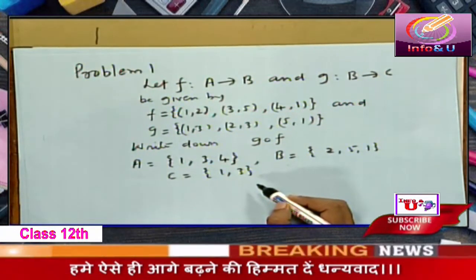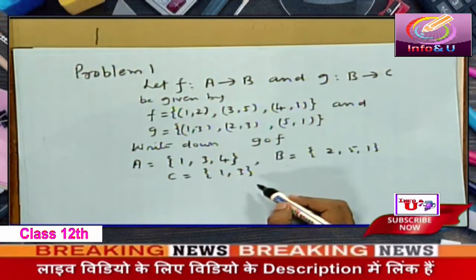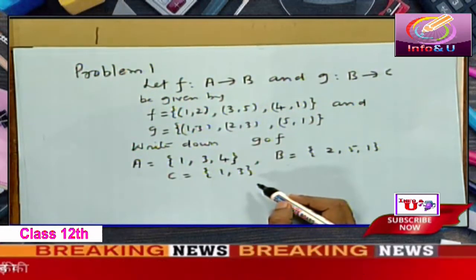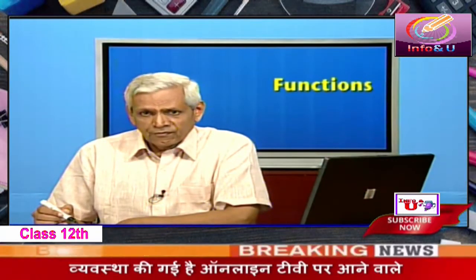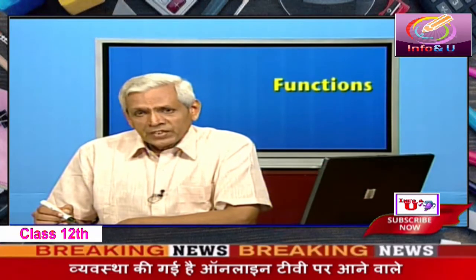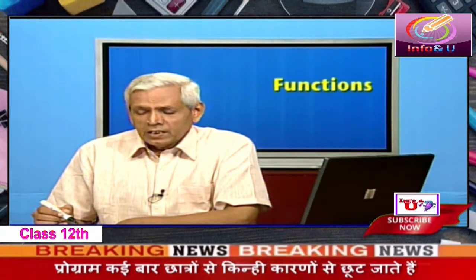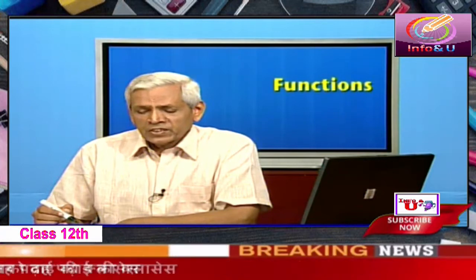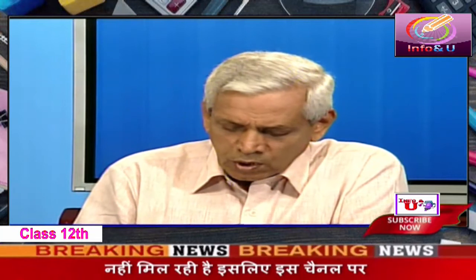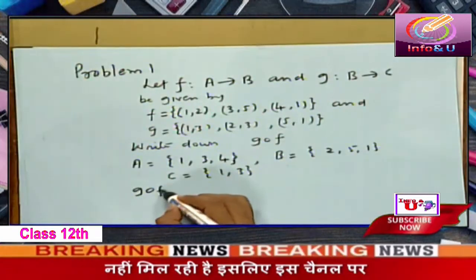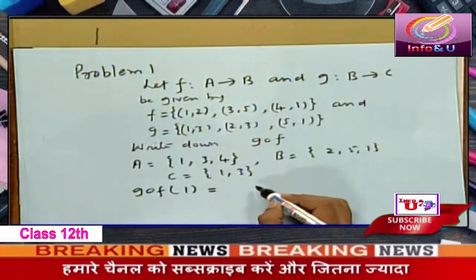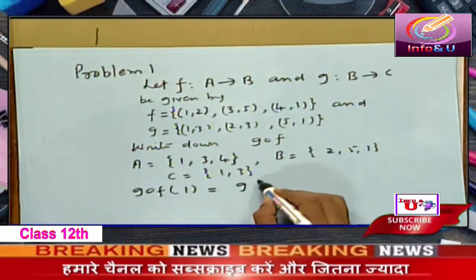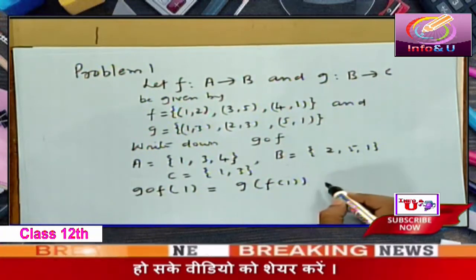We have to find GOF. It means we will first find the image of every element of A under f and then we find the image of G of the elements of these B's in C. So first to find GOF of 1, that is G of f of 1.